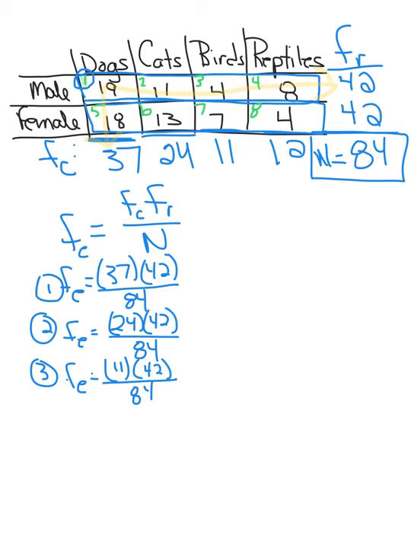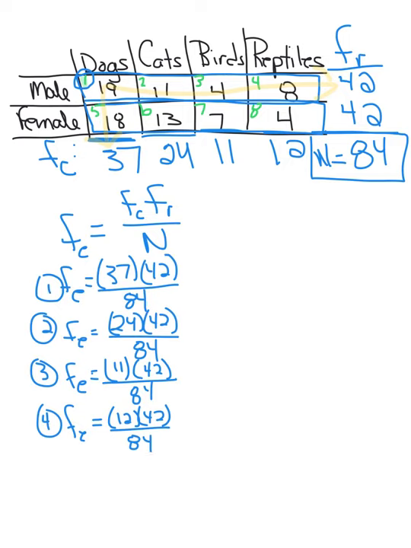So a lot of this is repetitive, but there could be variations depending upon whether you have a 2 by 3, a 2 by 4, etc. Then when we go to cell 4, it's 12 times 42 divided by 84.